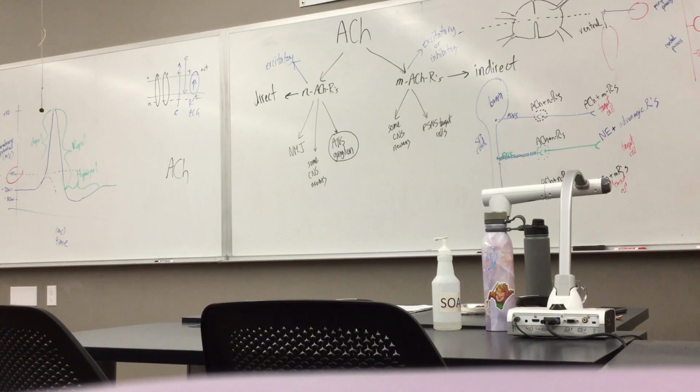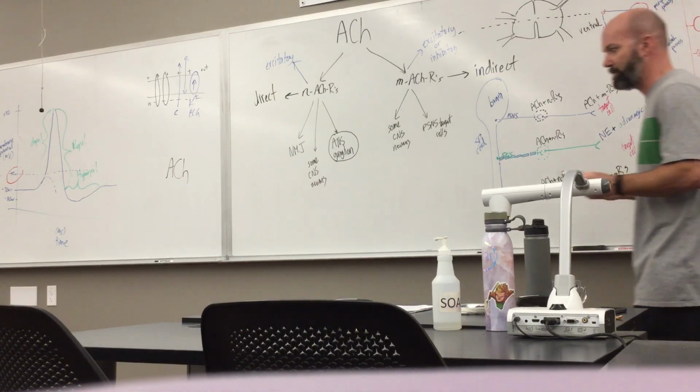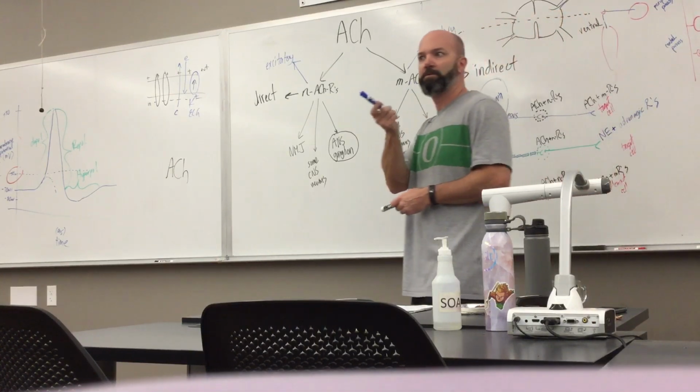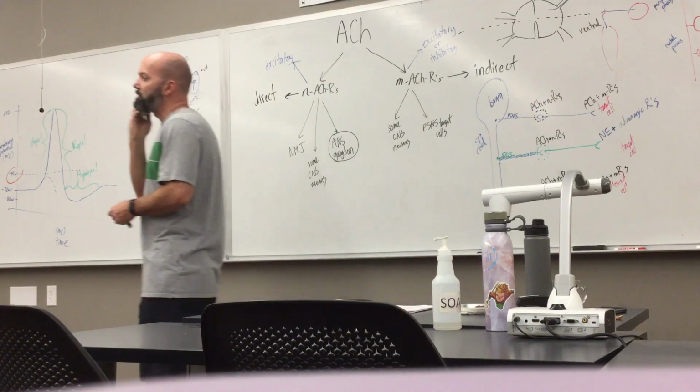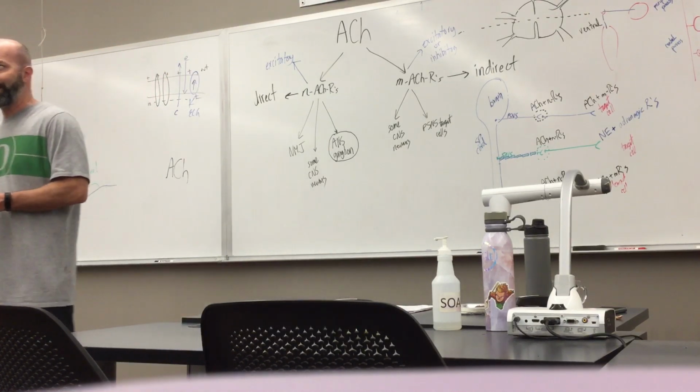So we did resting membrane potential, action potential, graded potential, EPSPs, IPSPs, neurotransmitters. Trying to cover all the major physiology stuff from chapter 11 first and foremost. What else? Neurointegration, chemical or electrical synapses? Electrical synapses are rare.